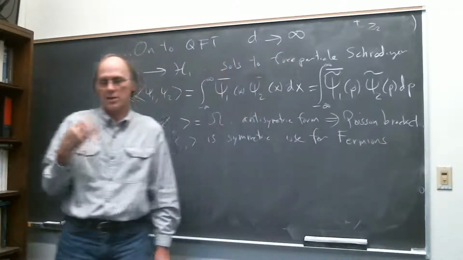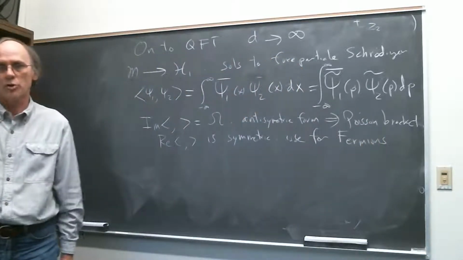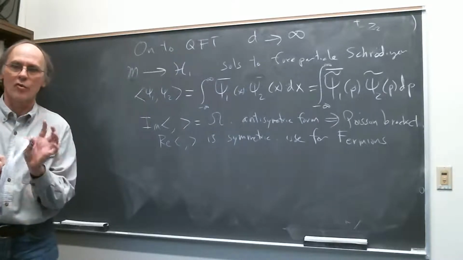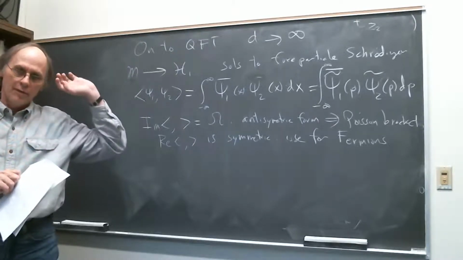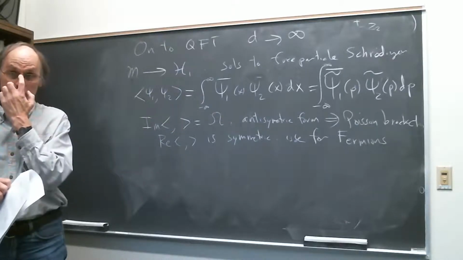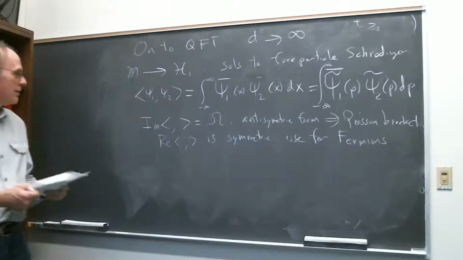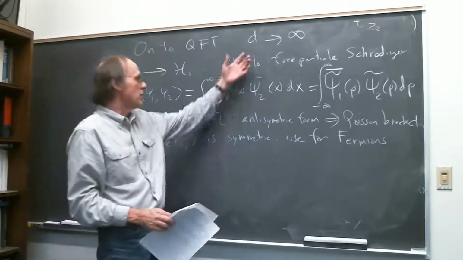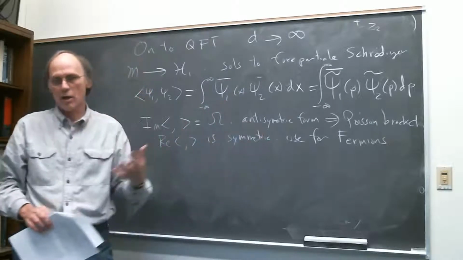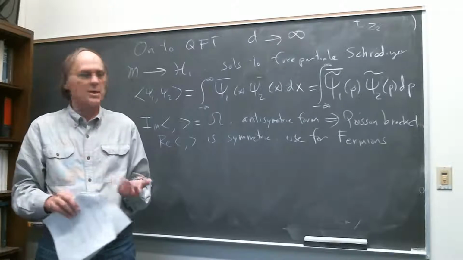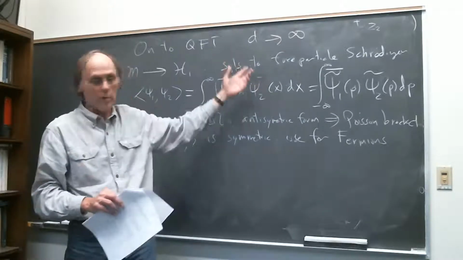As I said, and I should have said as I was going, everything I told you so far about bosonic quantization, exactly the same formulas work for fermionic quantization as long as you turn commutators into anti-commutators. You can write down a fermionic quantum field theory of fermionic free particles satisfying the Schrödinger equation.